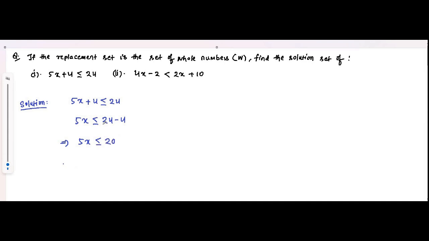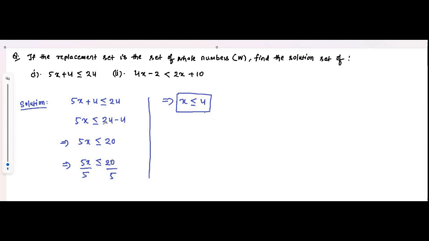Now we'll divide both sides of the inequation by the same positive number, 5. That implies x is lesser than or equal to 4. This is the solution of the given inequation.